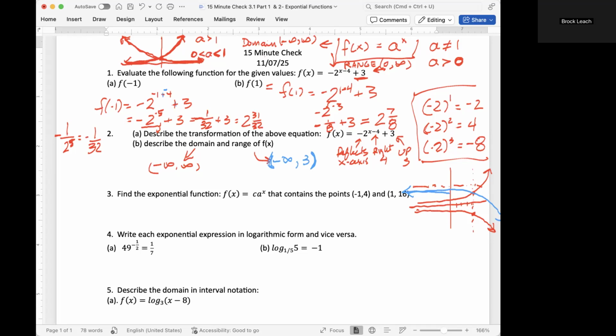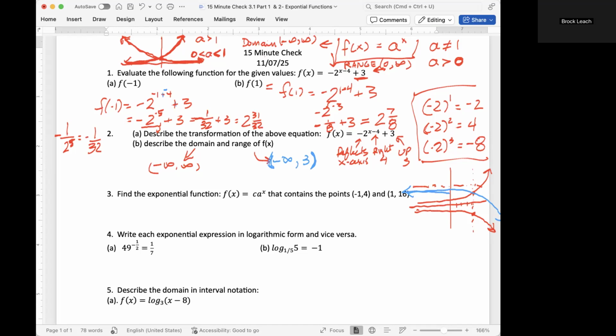Okay, let's move to the next one here. If we want to find the exponential function that contains these 2 points, -1 and 4, and 1 and 16, there's 2 things that we need to find. We need to find C, the value out in front, and we need to figure out what the A value is.